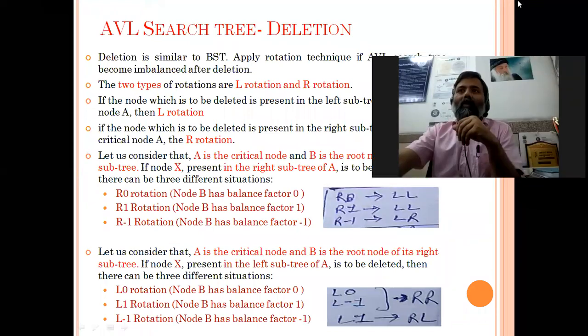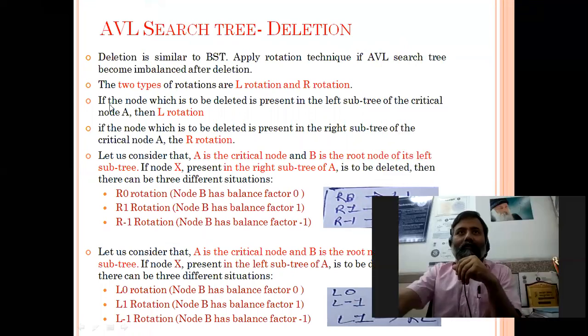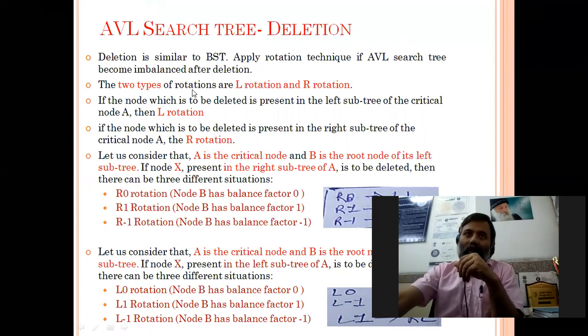So the deletion operation is similar to a binary search tree, and if the tree becomes imbalanced after deletion, then we perform rotation. So just like in the insertion operation, the deletion operation is similar to a binary search tree, and if the tree is imbalanced, then we apply two types of rotation: L rotation and R rotation.